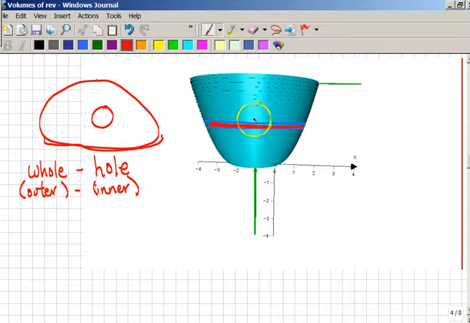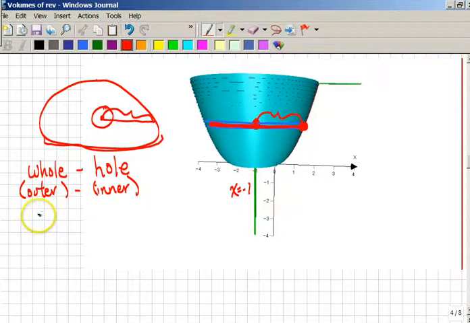The outer radius is the distance from the axis of revolution. Now that axis of revolution is located at x equals -1. So the distance from there to the outer edge of the original region. So there's the radius, and on my side picture it corresponds to that. So how long is that?